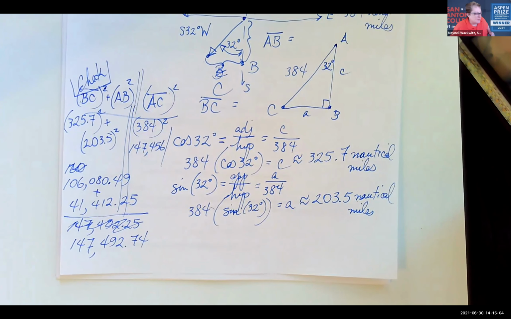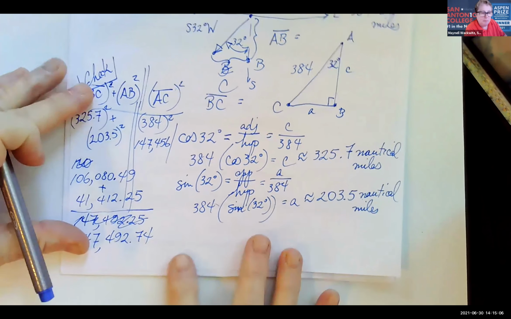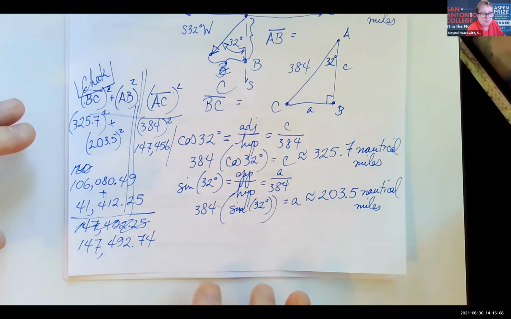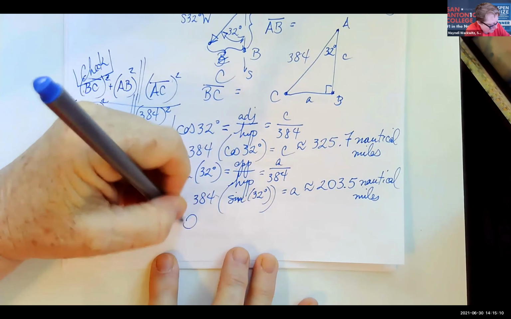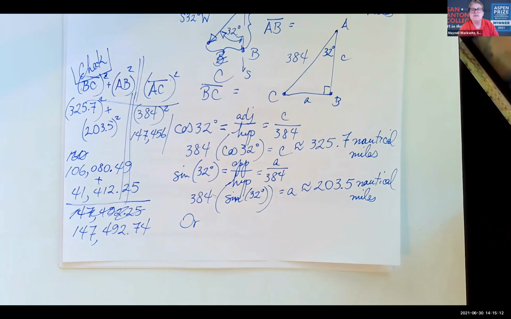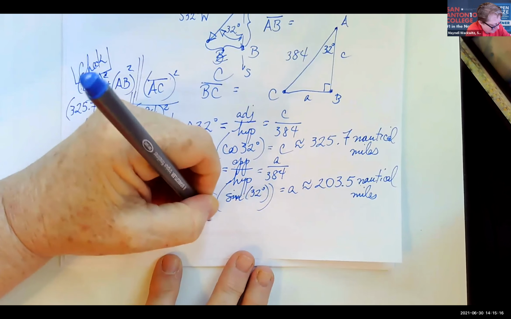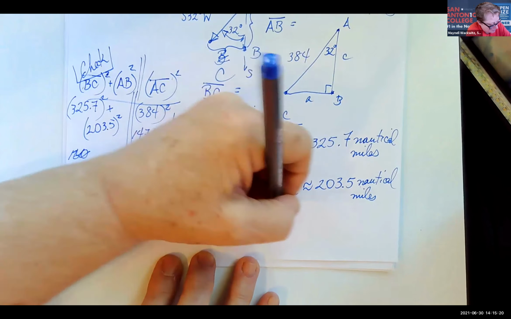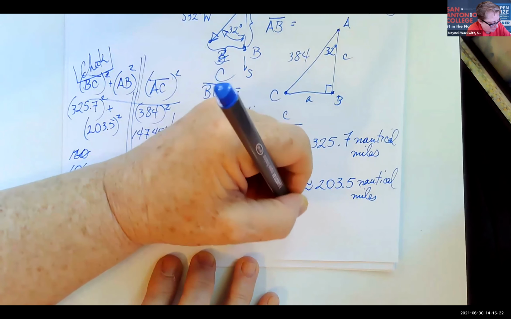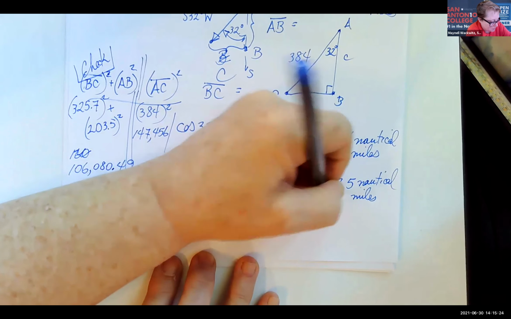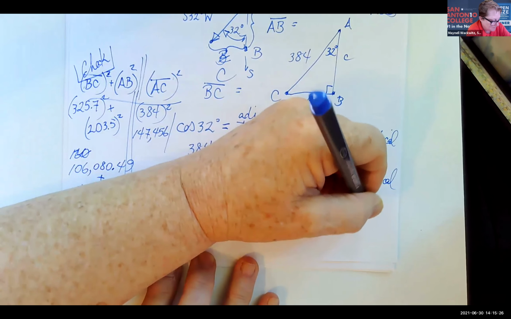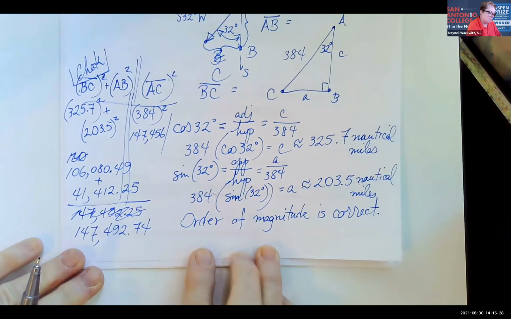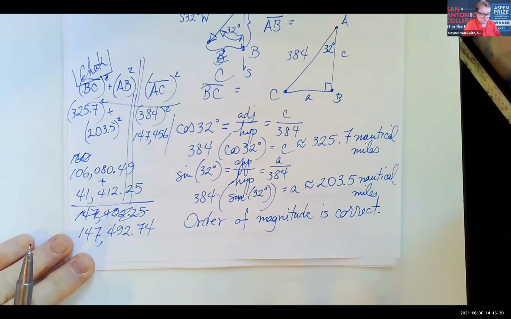What they say in physics and engineering is order of magnitude correct. Or sometimes they'll say by order of magnitude, the answer is correct.